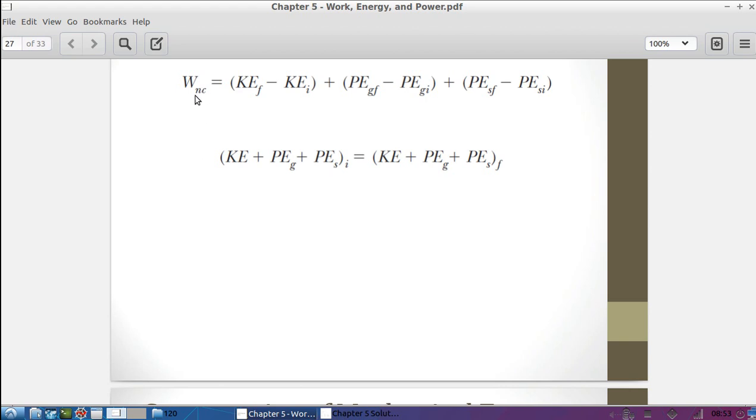This lowercase nc means non-conservative. We talked about conservative and non-conservative forces. So any work inside of a system done by a conservative force doesn't change the energy of the system. So the earth and the spring get included in my system so that I can use conservation of energy. It makes my life easier because I don't have to account for any non-conservative forces.